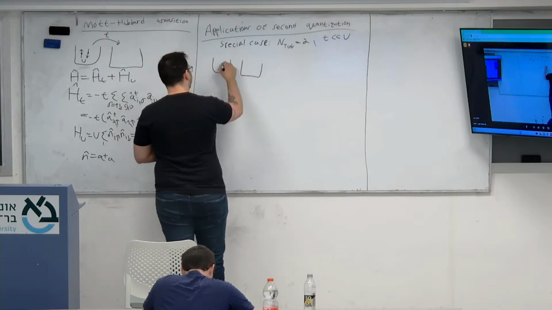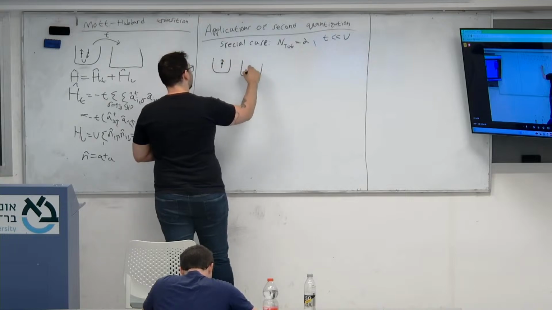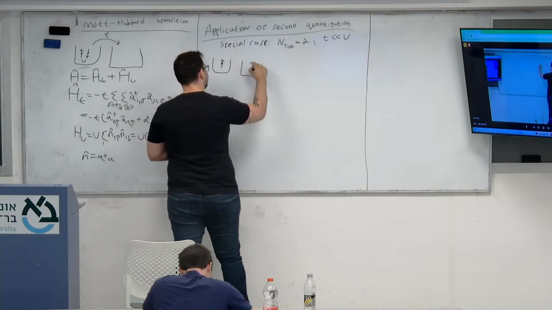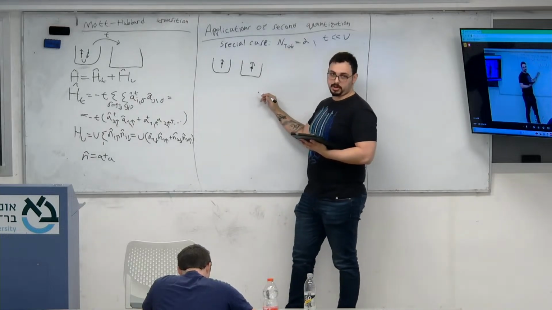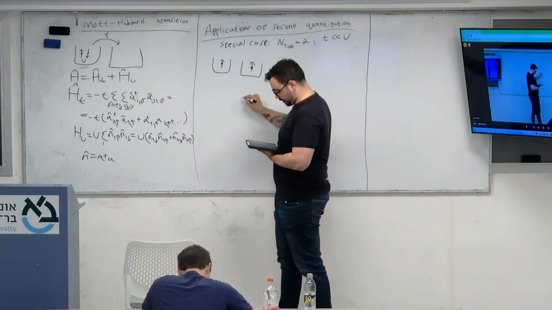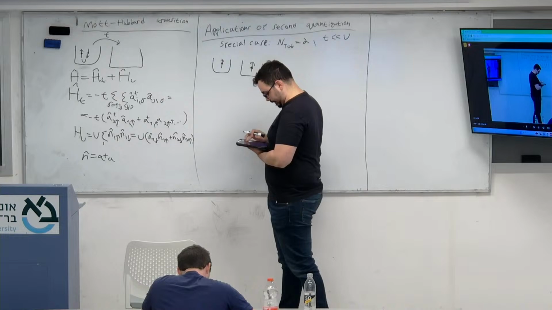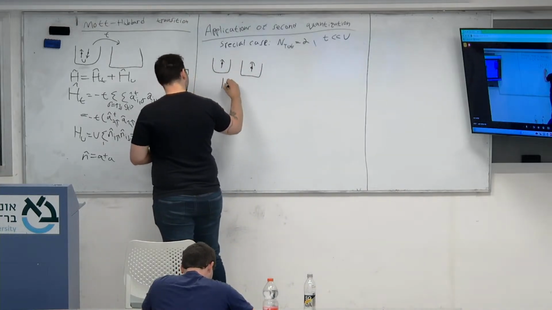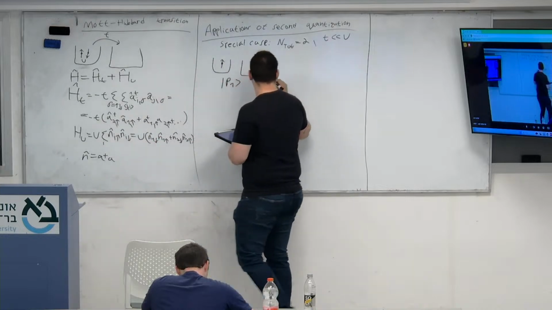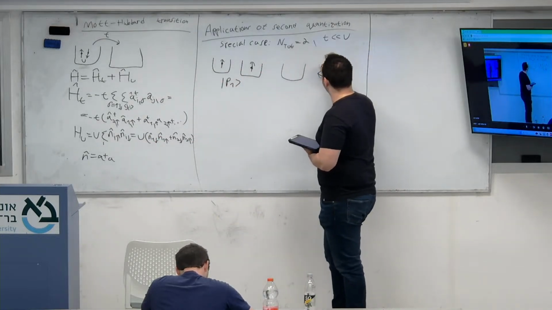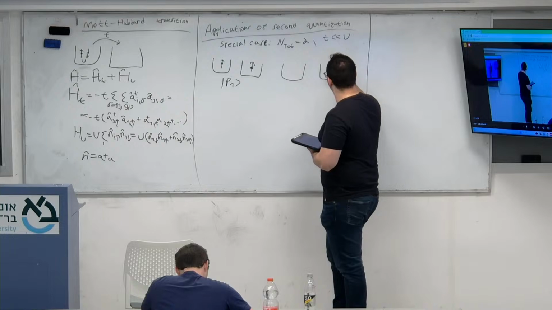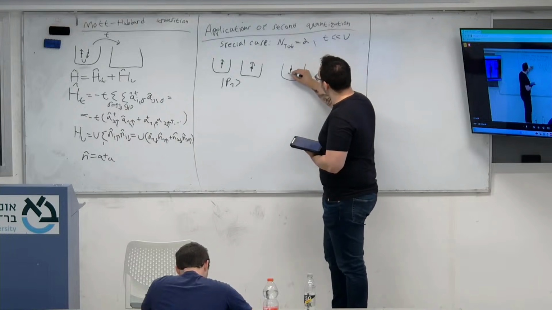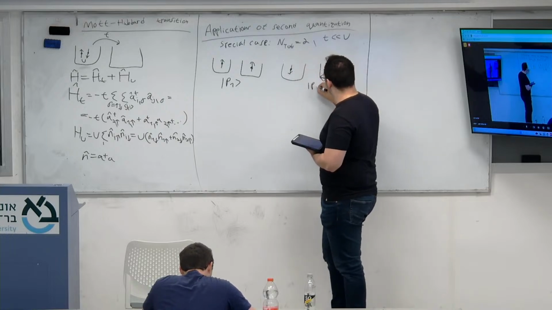I can have, for example, 2 electrons with the same spin in different locations. I will call this the spin polarized state, P1. Of course, this can also be a similar state with 2 spin down electrons.